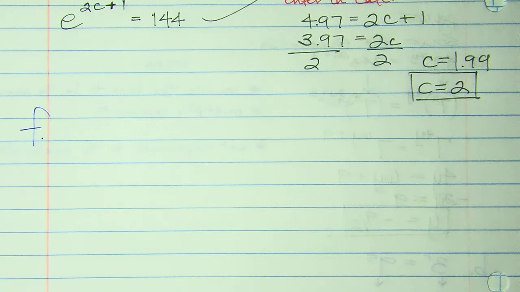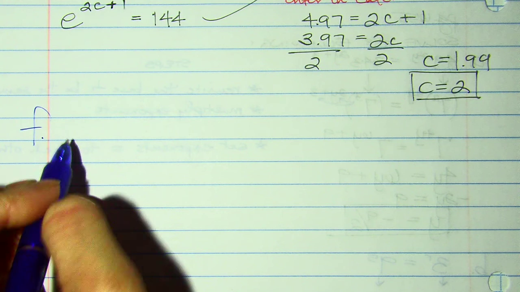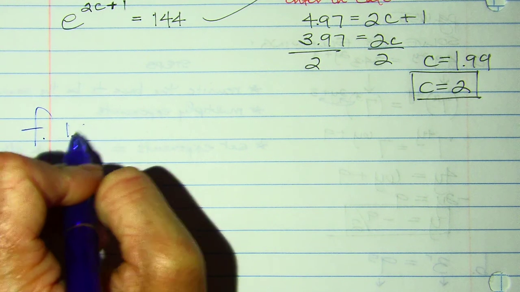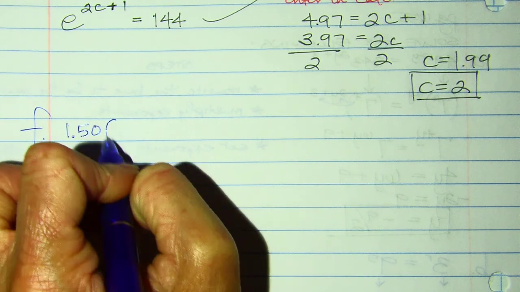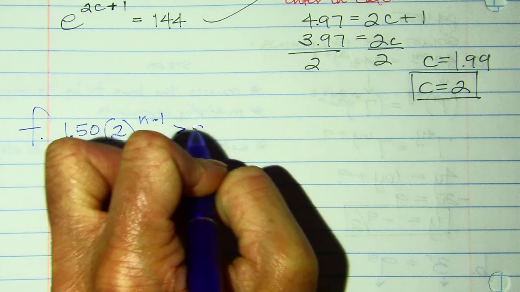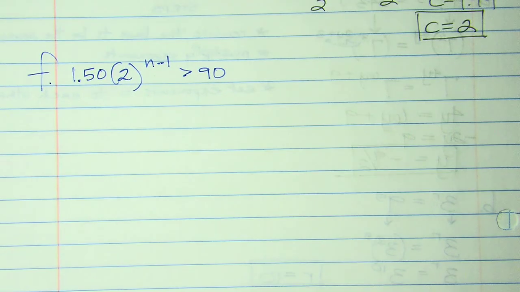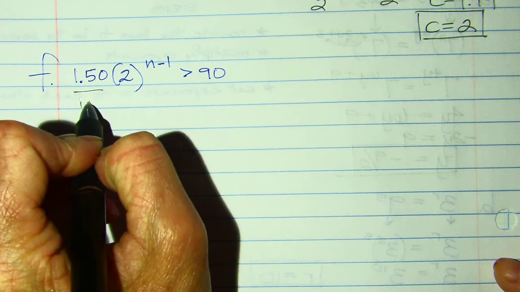to F. We are solving inequalities. So we're going to solve them the same way. If I have 1.5 times 2 to the n minus 1 is greater than 90. So I'm solving for n. The first thing I'm going to do is divide by the 1.5.